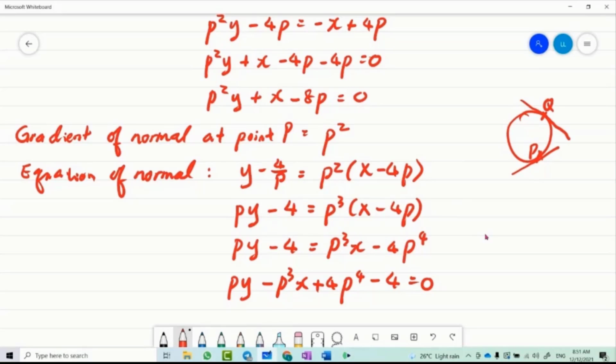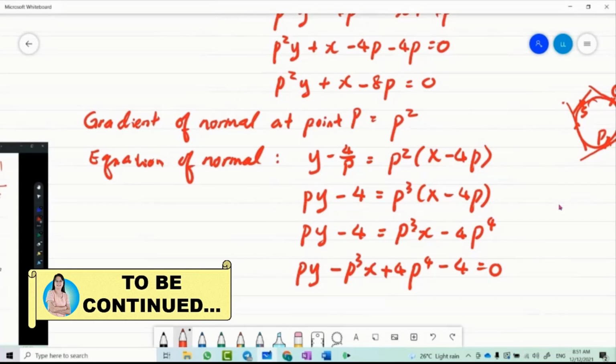So yeah, satu bulatan dia ada banyak point. This is point S. Banyak gradient. Banyak tangent. Ini pun tangent, ini pun tangent, ini pun tangent. So you kena cakap tangent dekat mana. So tangent at point P macam tu.